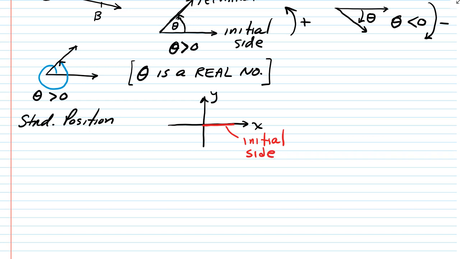And then the terminal side, wherever that might be, could be here, here, anywhere. You can rotate several times and end up in some place. Therefore that's what the initial side would be. And then the terminal side, I'm just going to mark it in the first quadrant, and there it is. This is again the terminal side.